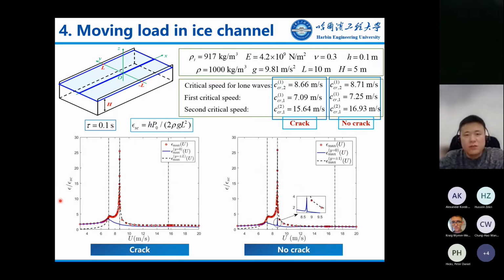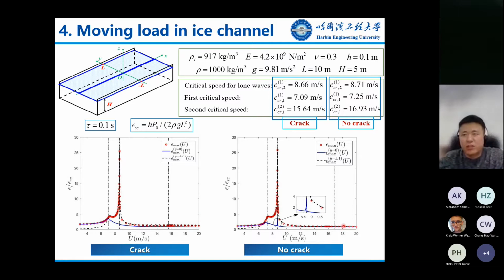The maximum strain along the central plane of the channel and the channel walls, and the maximum strain in the ice sheet, are also detected for the ice sheet with and without a crack. Here we can see that the maximum strain in the ice sheet is equal to the maximum strain along the center of the channel for load speed smaller than the first critical speed, and equal to the maximum strain along the channel walls for load speed greater than the first critical speed.